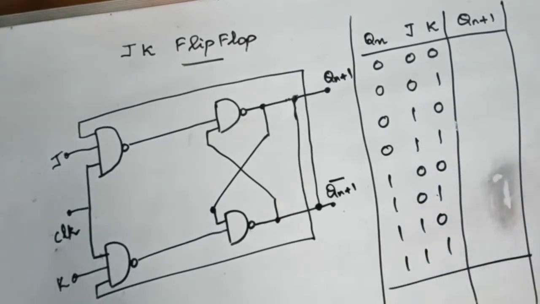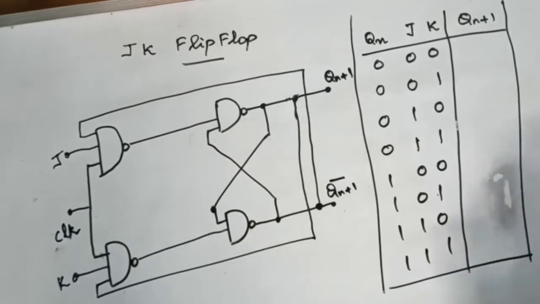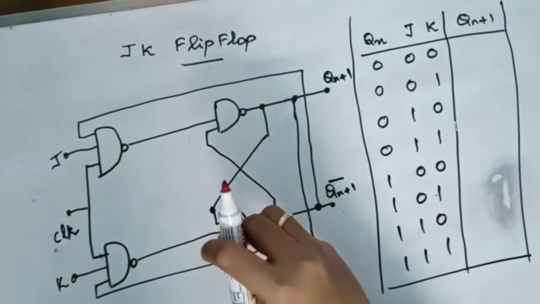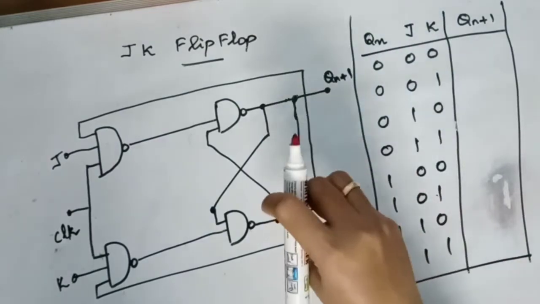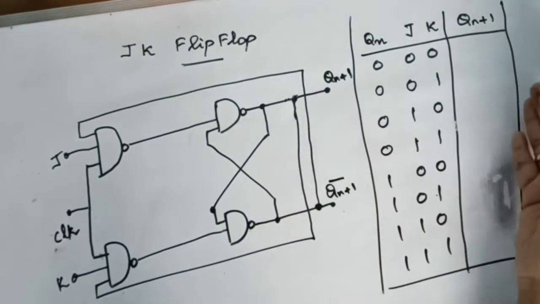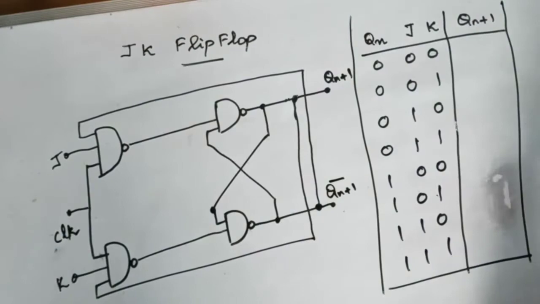So these are the 8 states. Like in the earlier case, we will be giving Qn and Qn bar, then giving the JK, and then we will find out what is Qn plus 1. From this characteristic table, we will go on to form the truth table of JK flip-flop without the Qn, but Qn plus 1 will be related to Qn.